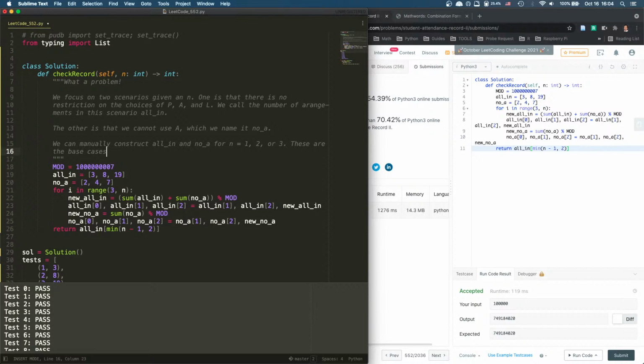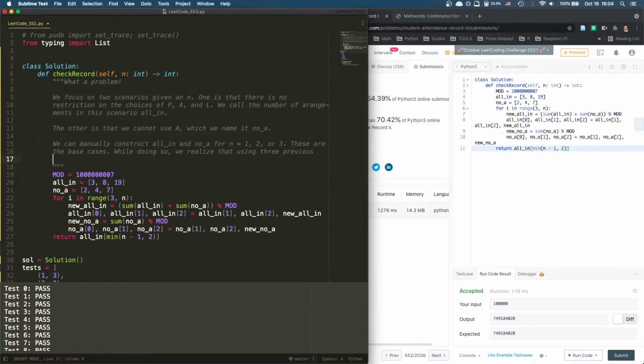While doing so, we realized that using 3 previous results, we can compute the 4th result.